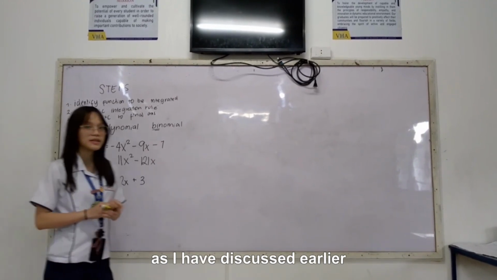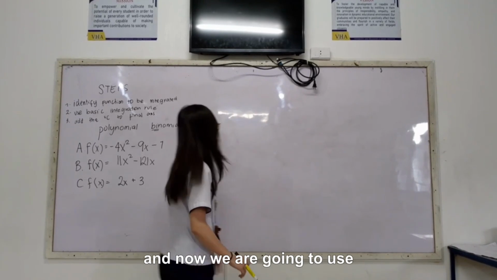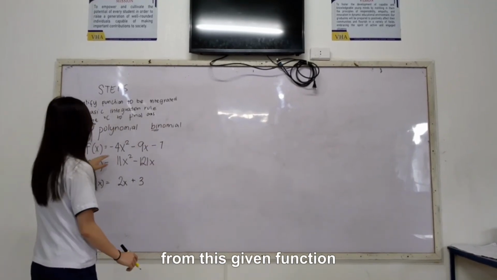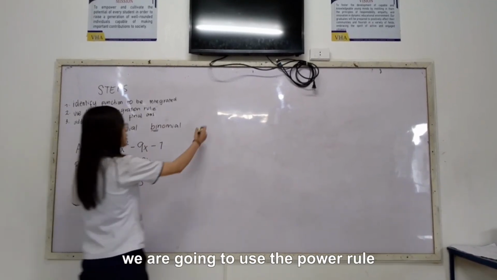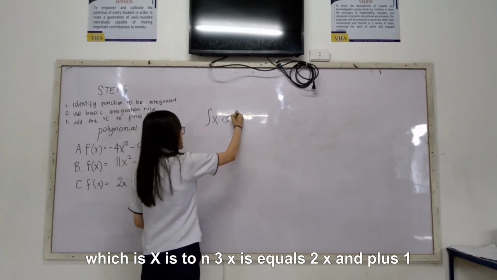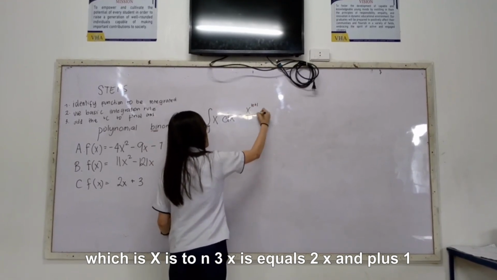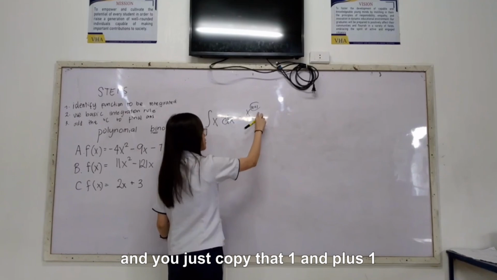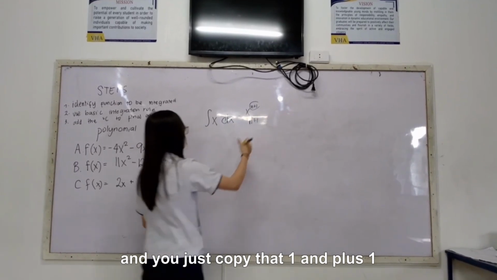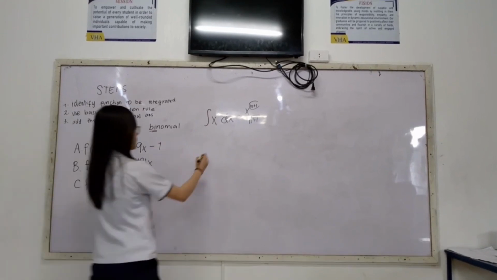As I have discussed earlier, I put a list of antiderivative rules here. And now, for this given function, we are going to use the power rule, which is the integral of x raised to n dx equals x to the n plus 1 over n plus 1. And just copy that one, n plus 1. And we are going to integrate this function.